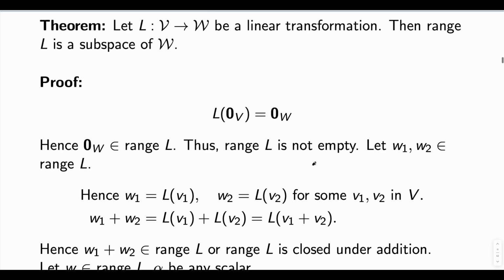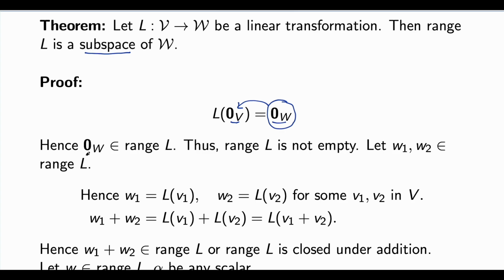So if L is a linear transformation from V to W, then range is a subspace, that we have to prove. Proof: since L is linear, zero vector maps to zero vector always, right? This is always true. So for 0 of W, we find a V, that is 0 of V in V, right?